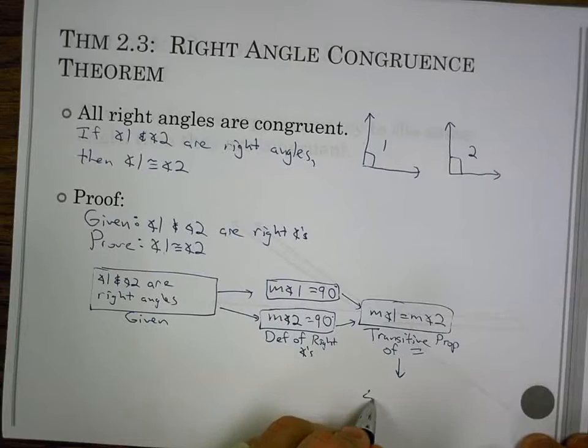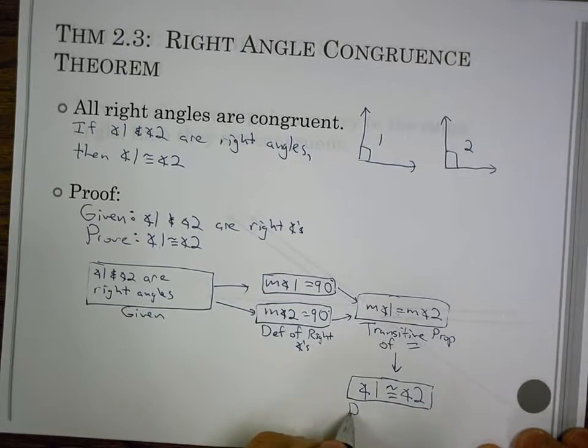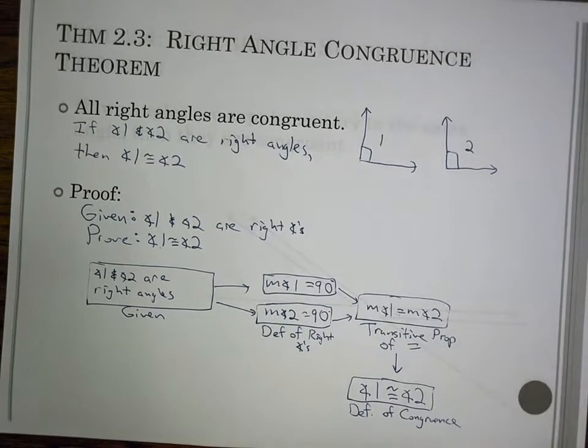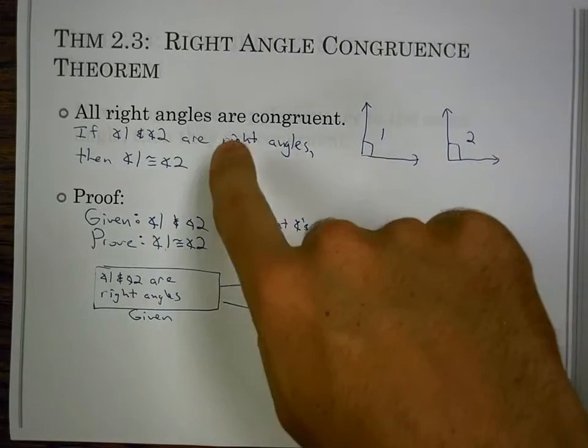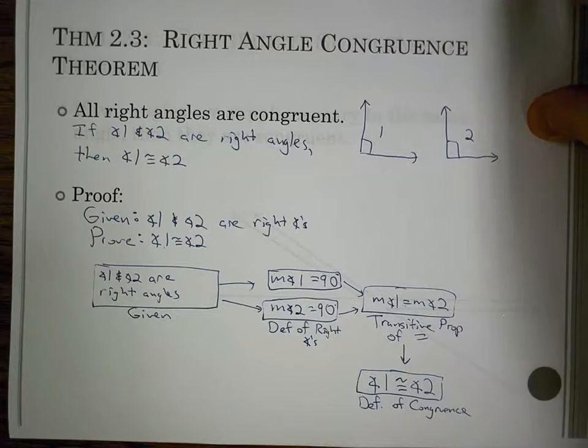We need to make that last jump that angle 1 is congruent to angle 2, and that lets us jump from equal to congruence, and that is the definition of congruence. You could be more specific and say the definition of angle congruence or the definition of congruent angles, but definition of congruence works as well. So we pieced it together and made that formal argument that says if 1 and 2 are right angles, then they are congruent.